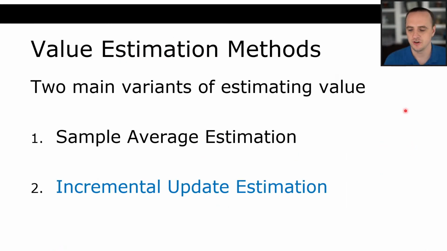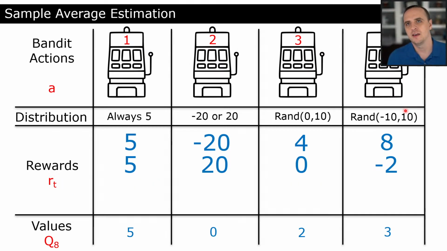Okay, the next way of doing things is the incremental update estimation. So here's the thing about this method. Let's say we are actually in a computer and we are trying to play this game billions and billions of training steps, right? We get billions and billions of samples.